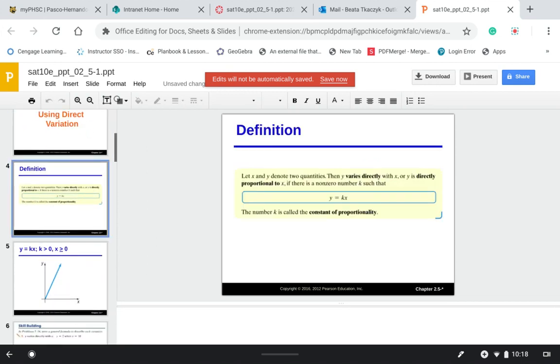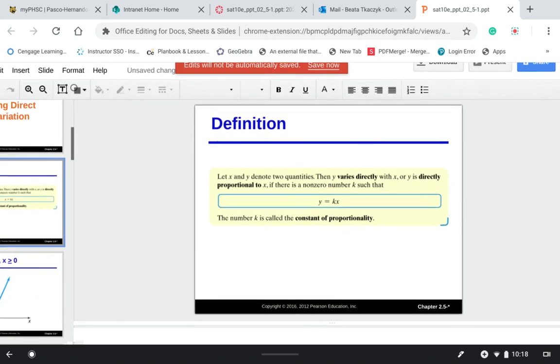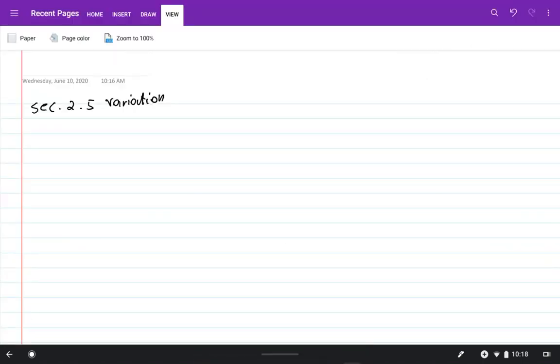Okay, so I'm going to give you the definition of direct variation, but also I will write this down. You have that definition on the PowerPoint, but let me just write this down. So first we're going to talk about direct variation.